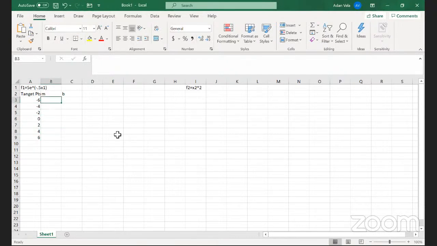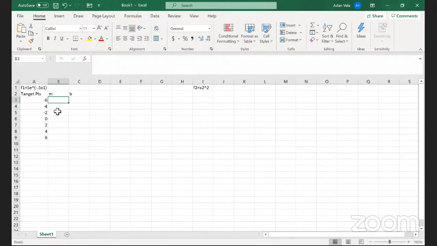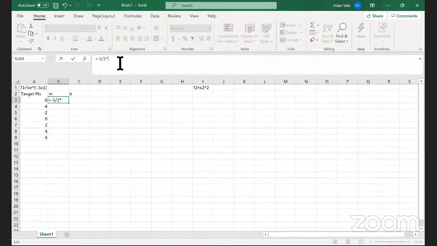Our first job is to calculate the slope at each of our tangent points. Now we already have that equation. It was just given by -5 divided by 2 times the exponential of -0.5 times whatever our tangent point is.